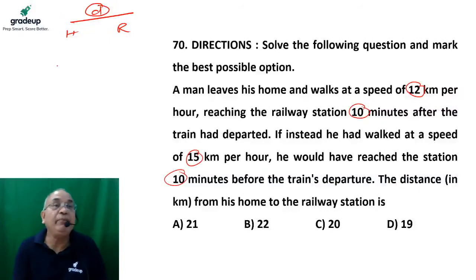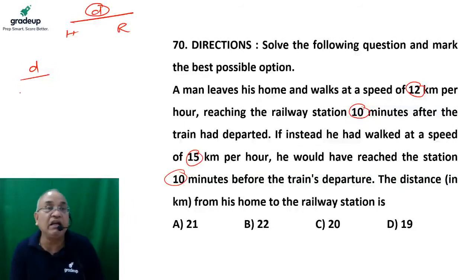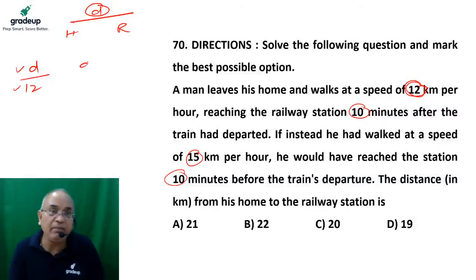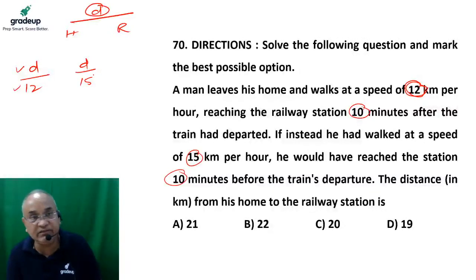Distance upon speed is equal to time. If the person travels at the rate of 12, the time taken is D by 12. If he travels at 15 km per hour, the time taken is D by 15 to cover the same distance.